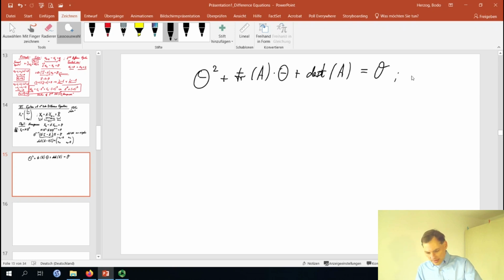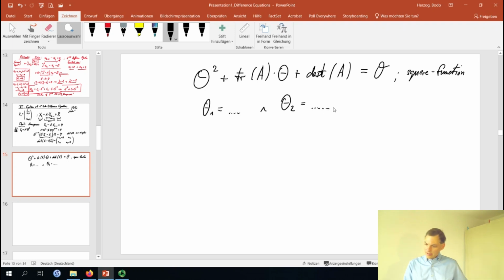And what is this? This is a square function. That means this has two solutions. It has a theta 1 and a theta 2. So there is a theta 1 for which this is 0, and there is a theta 2 for which this is 0.